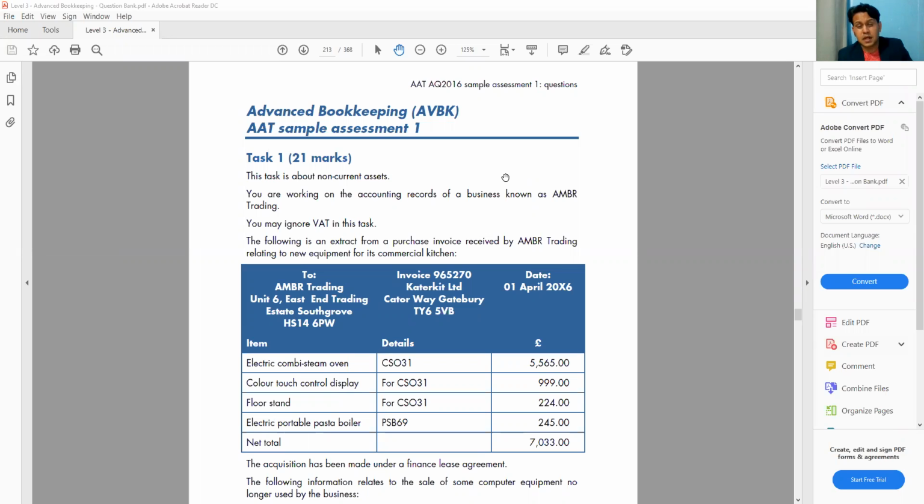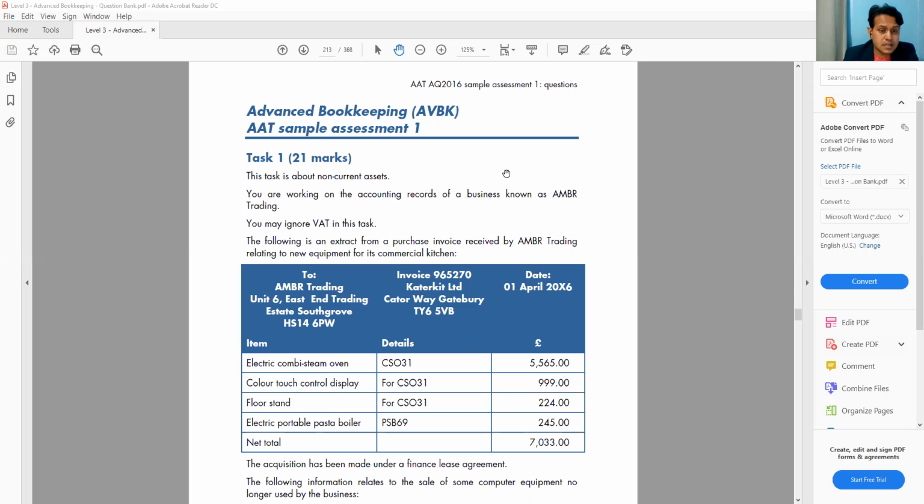So in your exam, you'll look at how quickly you can finish it, and it depends on how quickly you can finish your tasks. And of course, every task will not be the same. Some tasks will be a little bit bigger, and obviously these tasks will give you more marks.